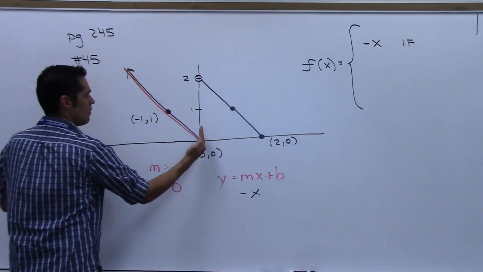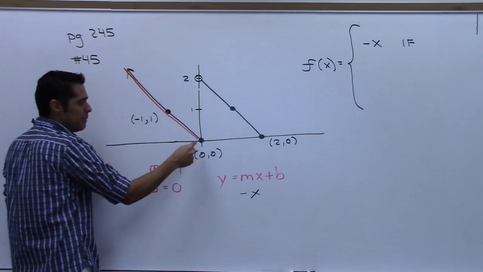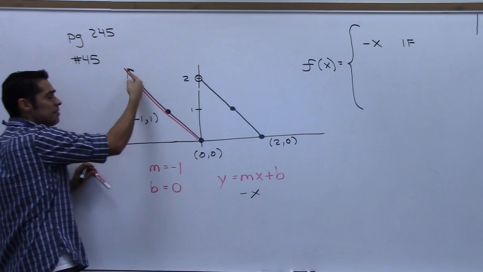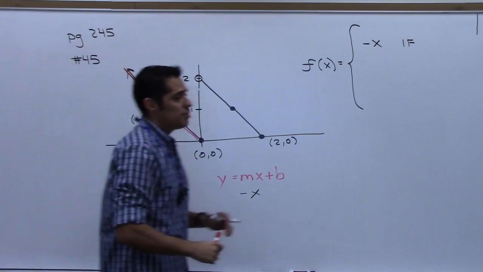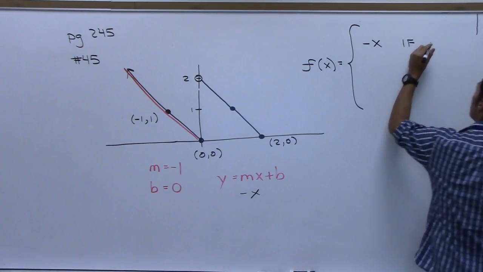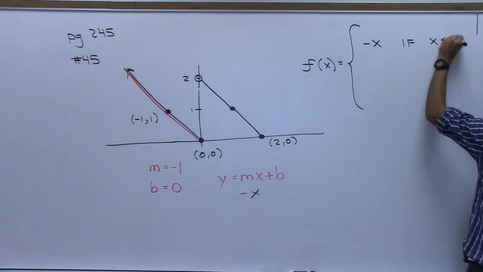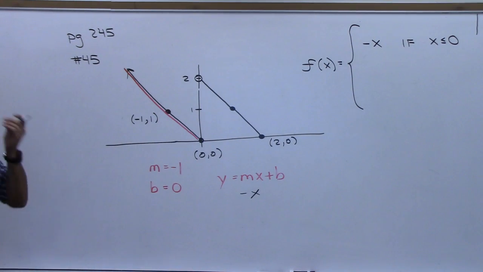X is less than or equal to 0, because what happens at 0? You have a solid dot right down there. X is less than or equal to 0. All right? No questions?